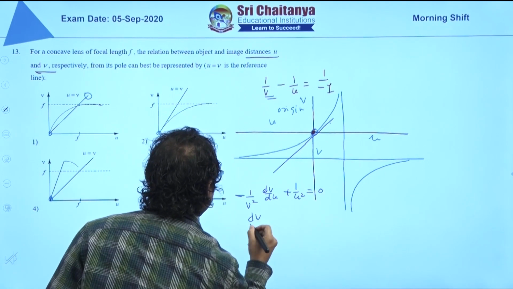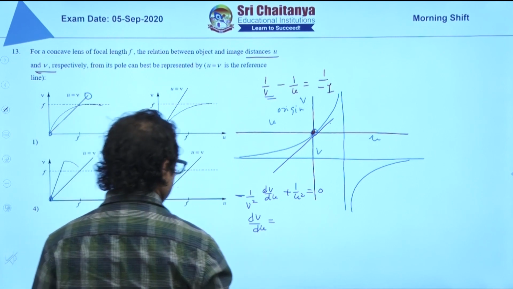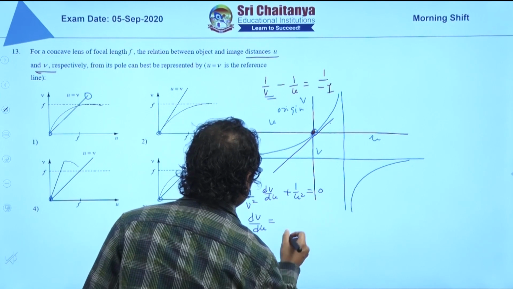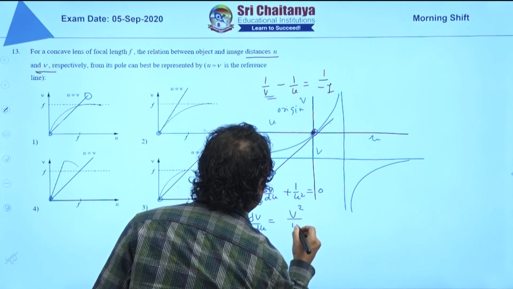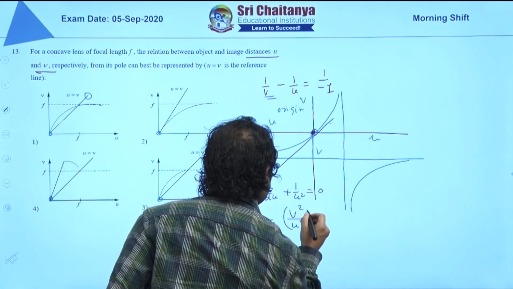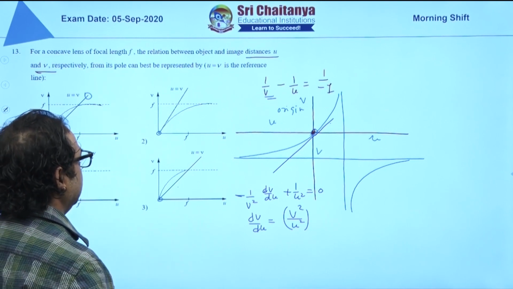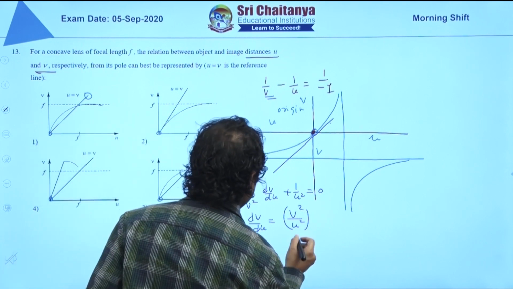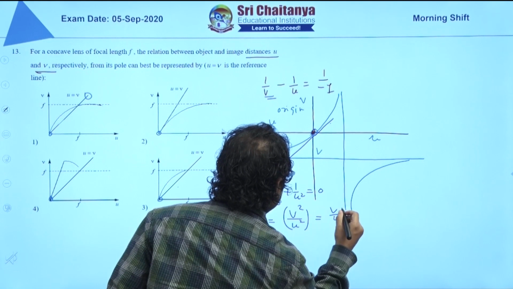So dv upon du is nothing but v square upon u square. Okay, this is your slope. So that is v by u.